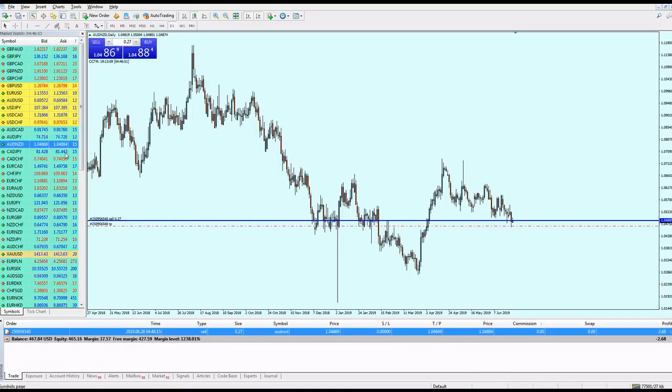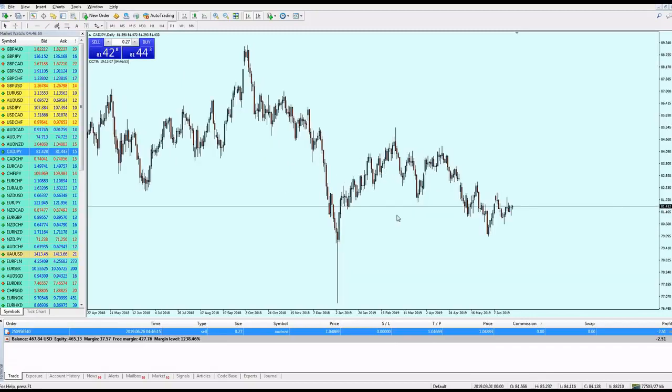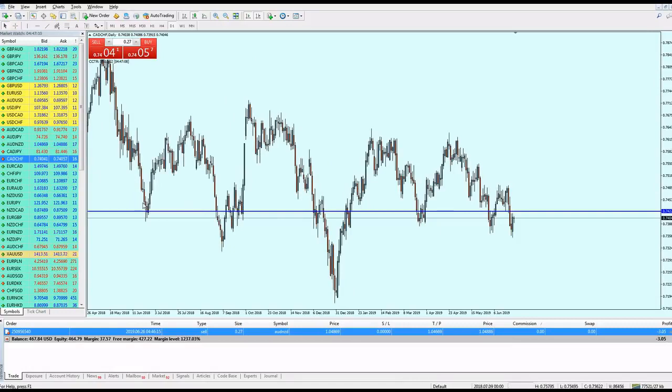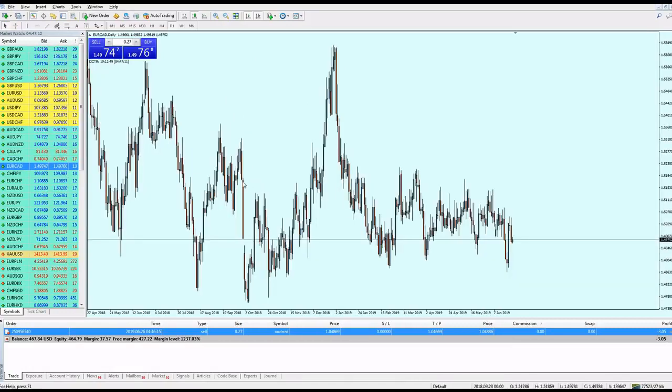So let me go now and find another one. By the way, I forgot to mention that it's really early in the morning right now. It's 5:46 a.m. That is the best time I find to actually use this strategy, because I want to stay in the trade as long as possible.